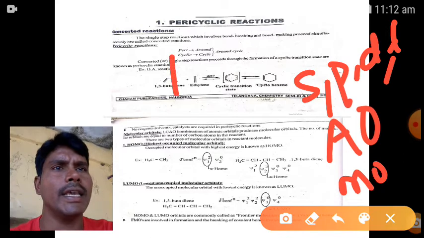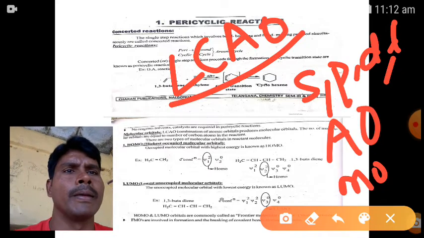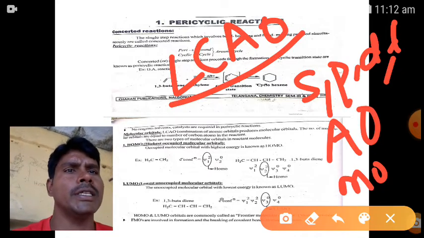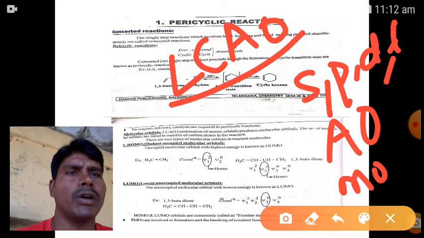That is the LCAO combination, linear combination of atomic orbitals. So LCAO produces molecular orbitals. The number of molecular orbitals is equal to the number of carbon atoms in the reactant.